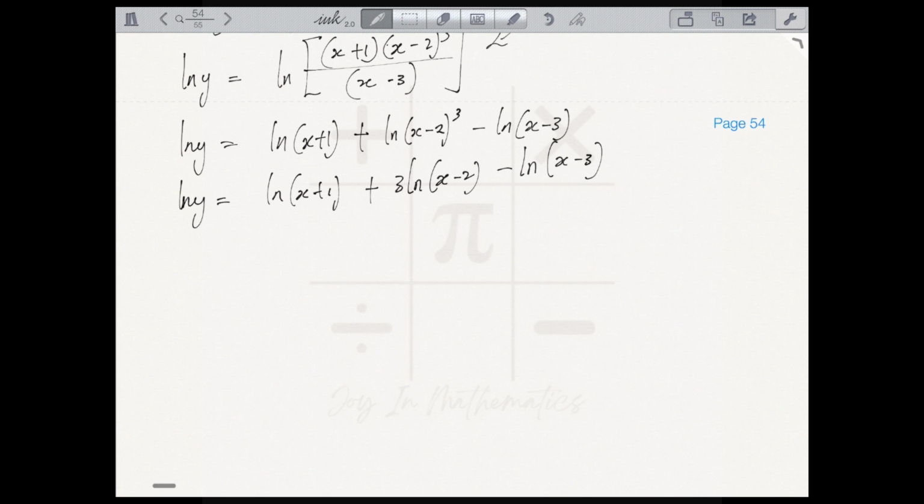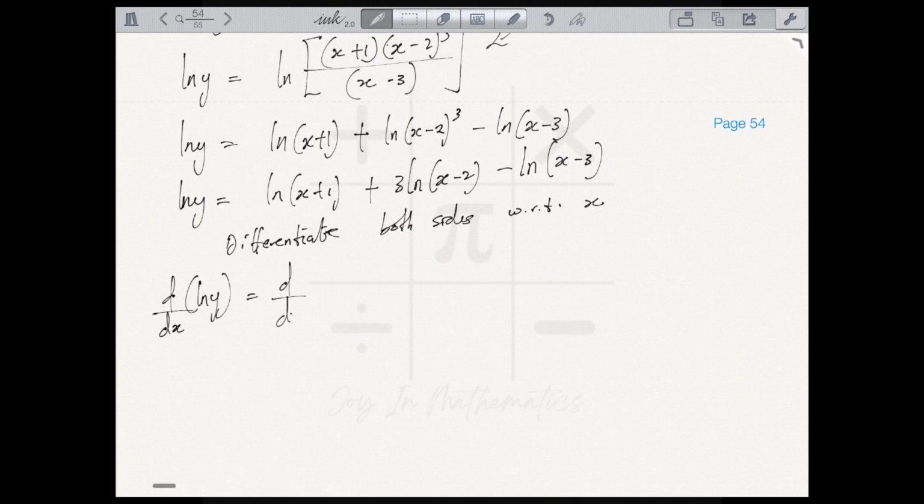Having this, we can now differentiate both sides with respect to x. So we have d/dx of ln y is d/dx of everything here.